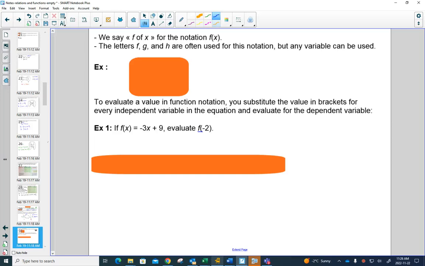We read function notation by saying f of x. And I've said this already, but f is the most commonly used, then g, then h. But if you were figuring out an area of a rectangle and you wanted to make it a function, then often they would use a of x.